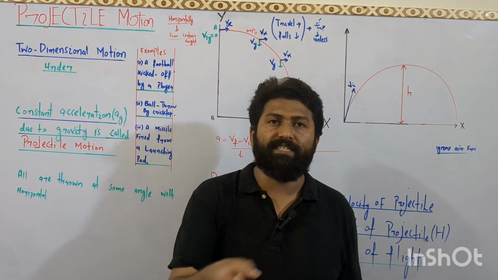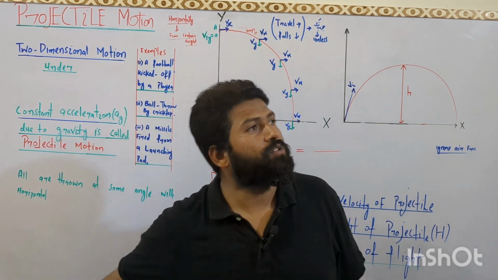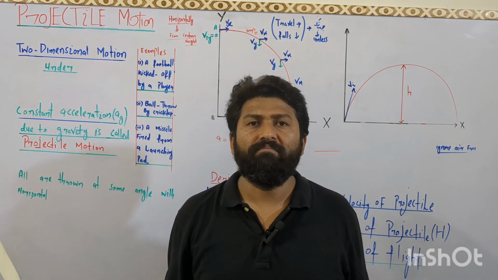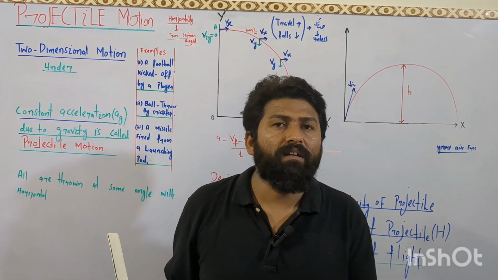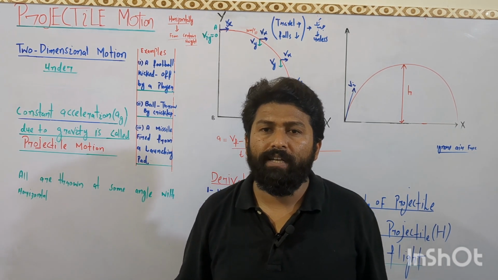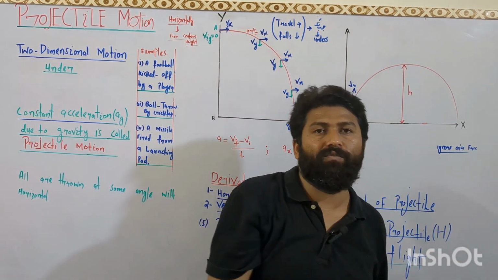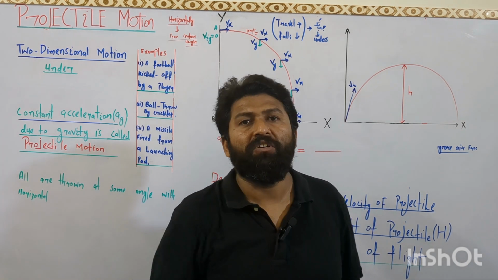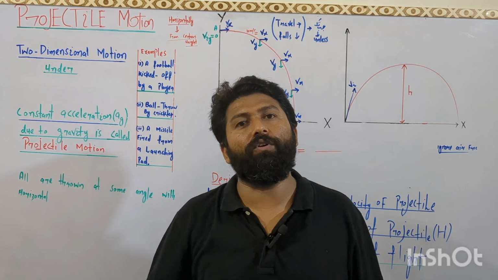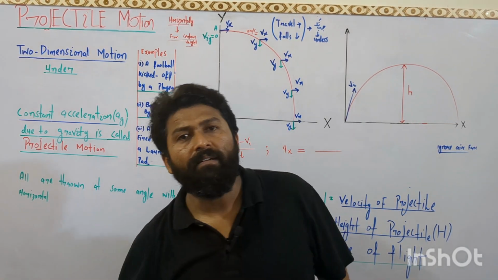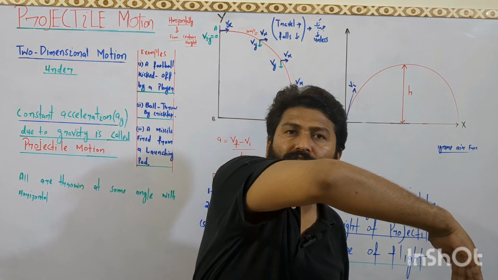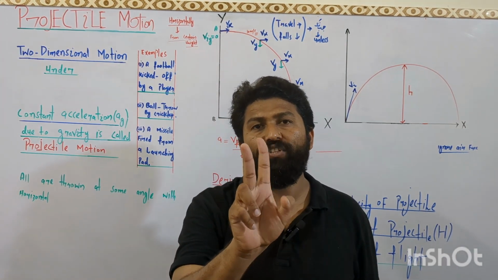There are three examples. Number one, when a cricketer throws a ball, or a footballer hits the football. What is the path of the motion? This is the path of the motion. When Shahid Afridi or Sachin Tendulkar or Kohli throws the ball, it follows this type of path, which is two-dimensional motion.